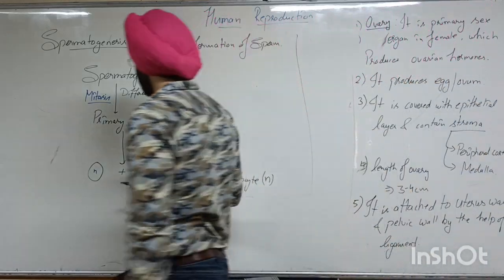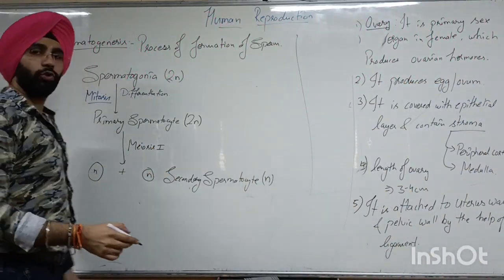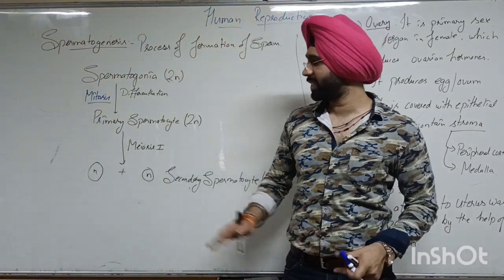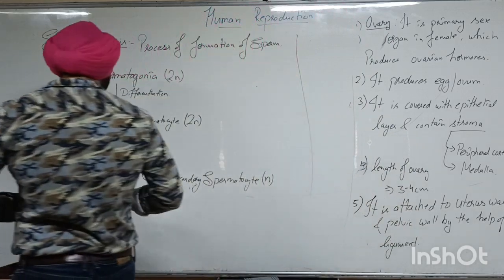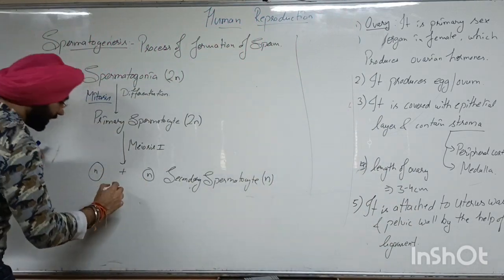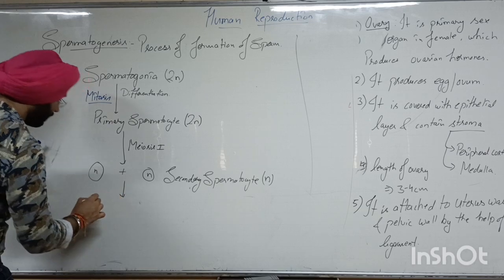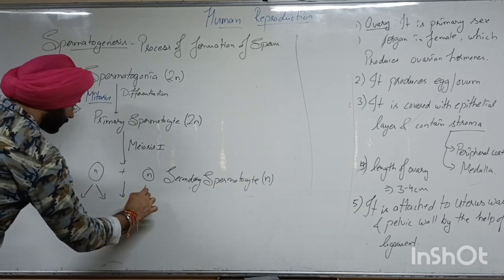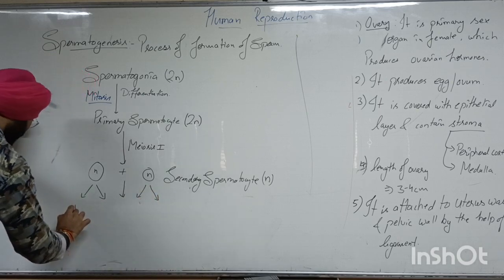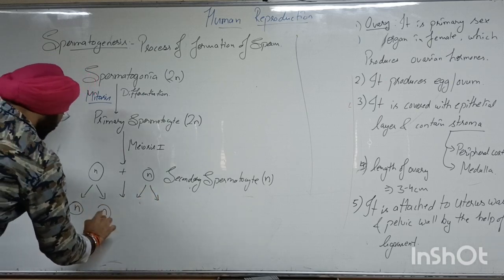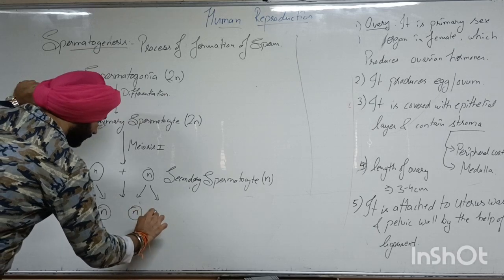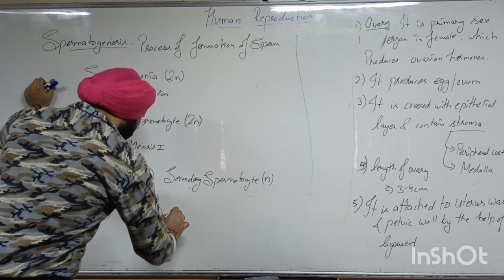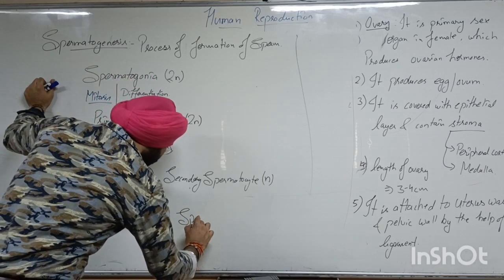After that, this cell division is incomplete because in meiosis there are 2 cycles present. The first is meiosis first and the second is meiosis second. So after meiosis second, these both haploid cells will give rise to 2 more haploid cells each, that is n, n, n, n. This is known as spermatid.